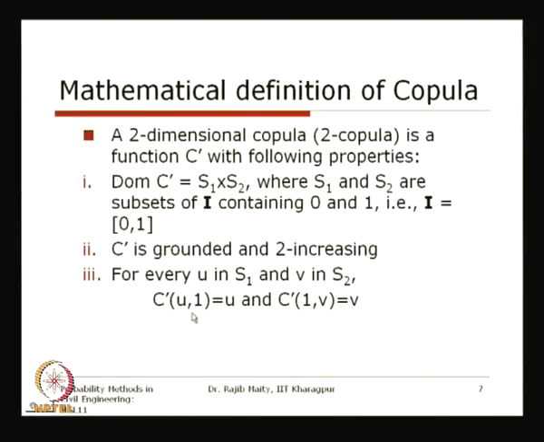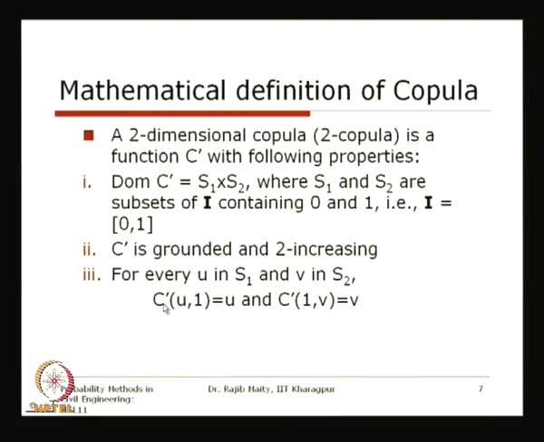That means when the other variable reaches its maximum, that is 1, then the value of this function should be equal to the value of the other attribute. Similarly, when u reaches the maximum value, that is 1, then the value of this function should be v, the value of the other attribute. So these are the properties. This is the maximum.